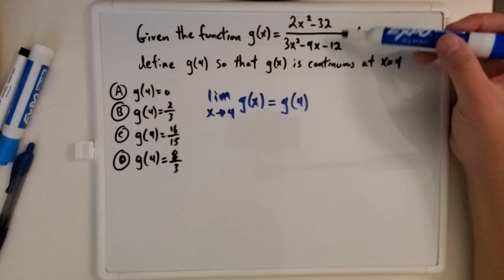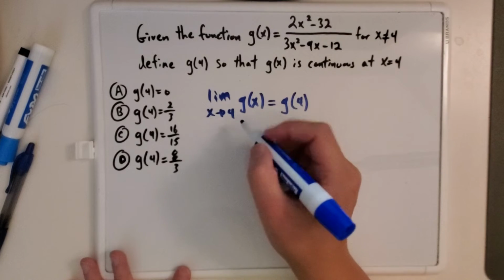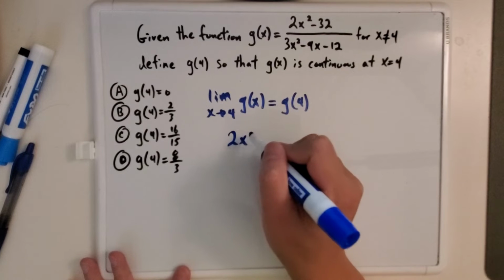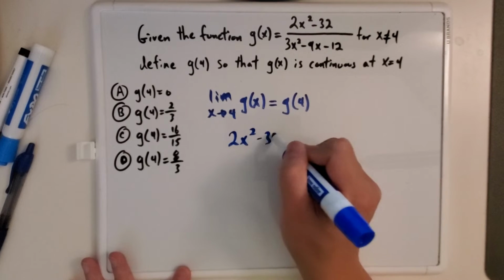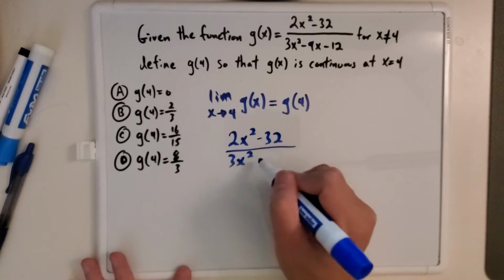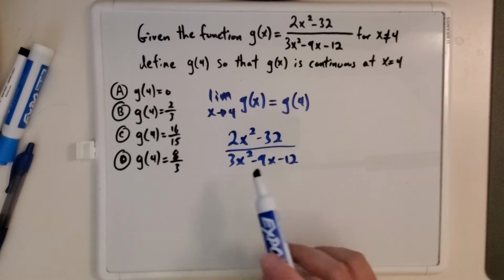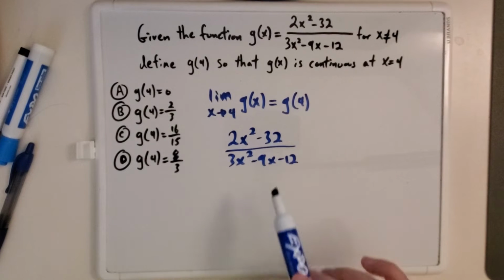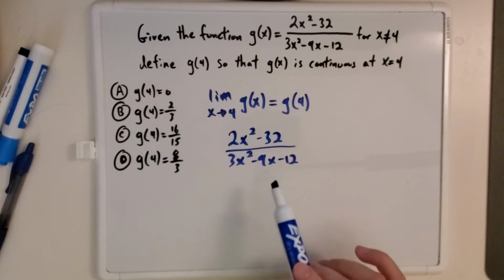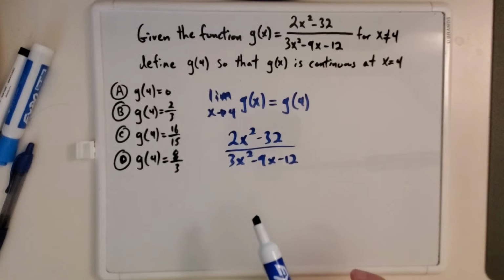So let's take a look at this function. We have 2x squared minus 32 all over 3x squared minus 9x minus 12. The best way to evaluate one of these problems is by factoring. So we want to factor as much as we can.